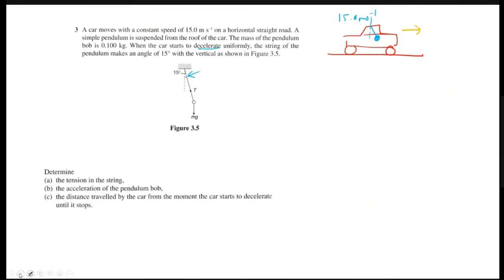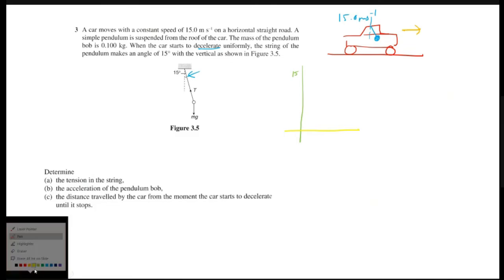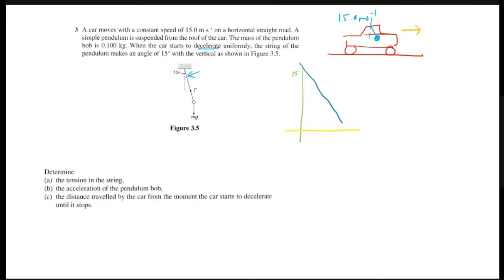First of all, we have to draw the free body diagram of the pendulum bob. So this is 15 degrees, and this is the vertical line, this one is the horizontal line, and this one is the string. And this is the pendulum bob. How many forces are acting on the pendulum bob?